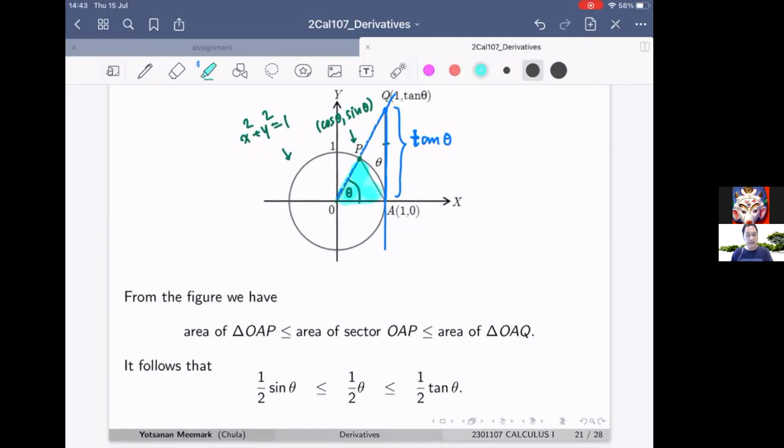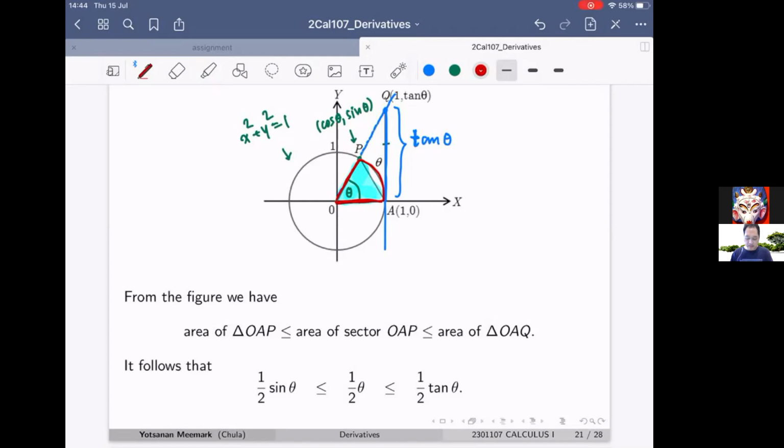From the picture, you can see roughly that the area of the triangle AOP, this triangle, is bounded by the area of the sector. The sector looks like a triangle, but with a curve along one section of the circle.